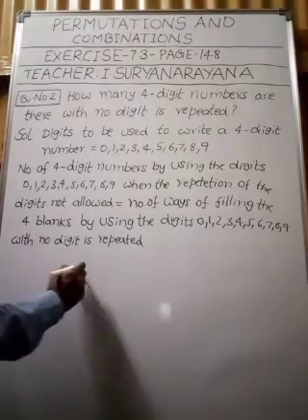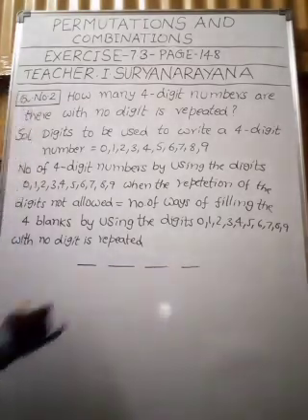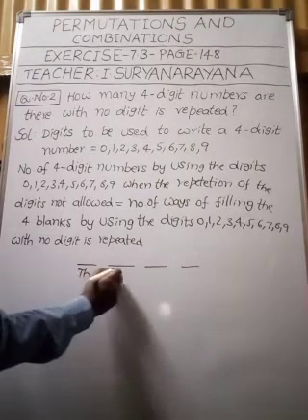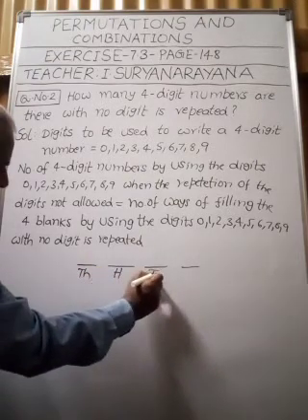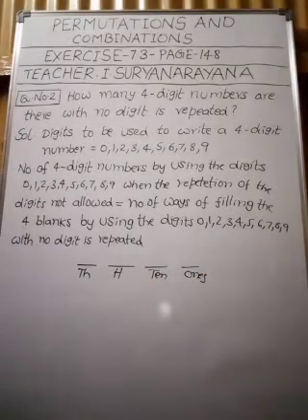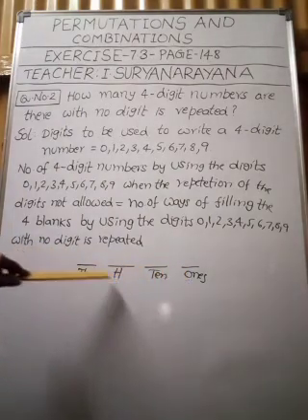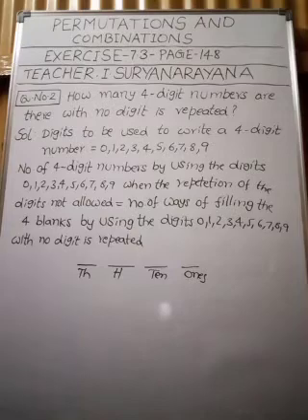Okay, my children. So here we are taking 4 blanks. This is thousands place, this is hundreds place, this is tens place, and this is ones place. A 4-digit number means these 4 places are there: ones place, tens place, hundreds place, and thousands place. Yes or no, my children? Now let us fill these blanks by these digits.